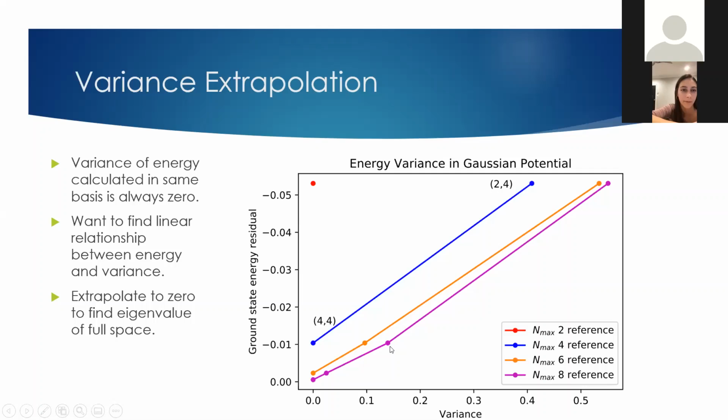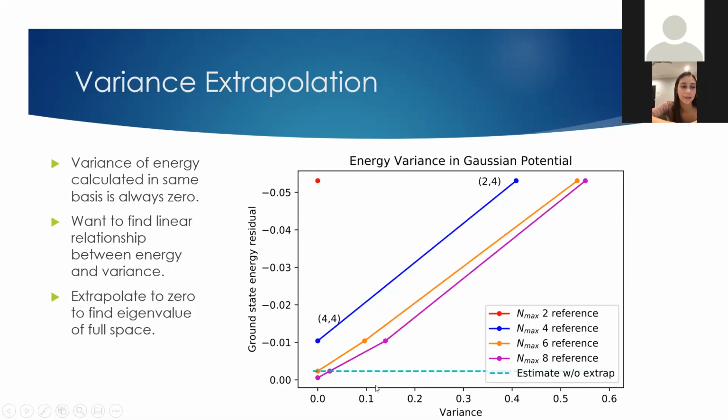For example, let's say a basis size of 8 is a full space, and you want to approximate that because you can't calculate in the basis size of 8 for whatever reason. If you don't use extrapolation, the best estimate you have is the solution for your basis size of 6, which is not very good in a large scale sense.